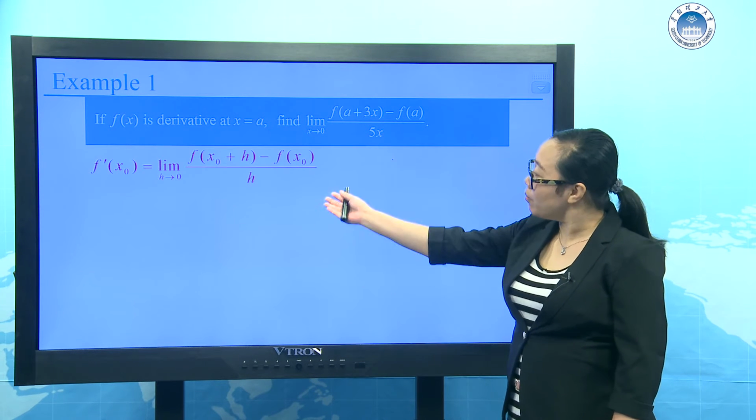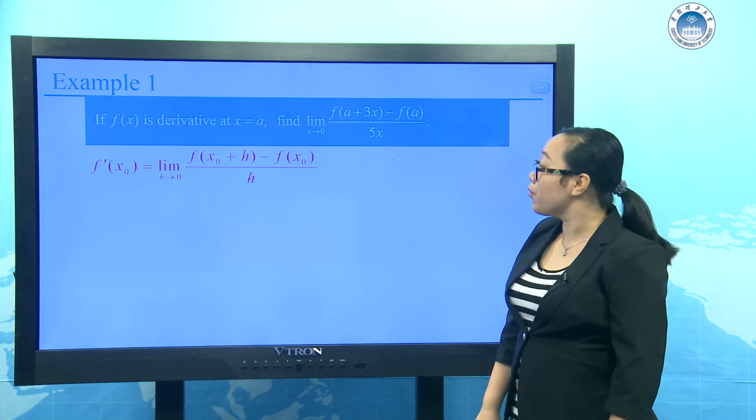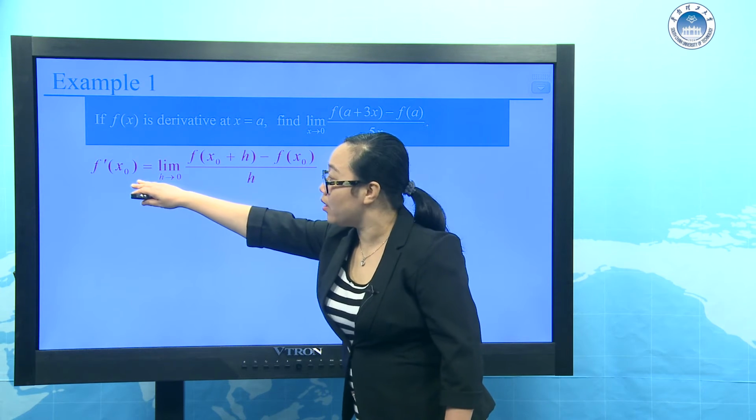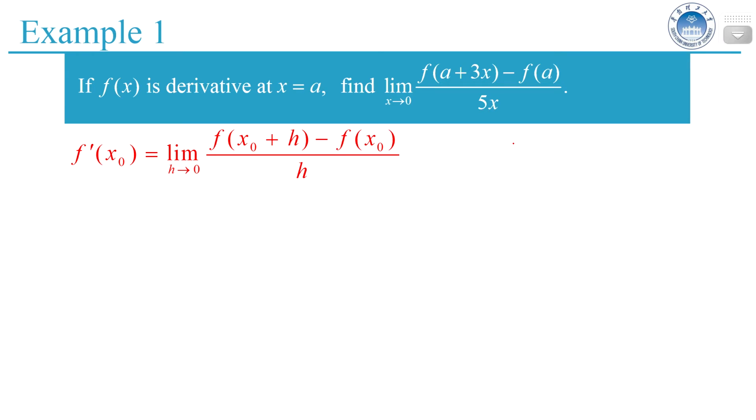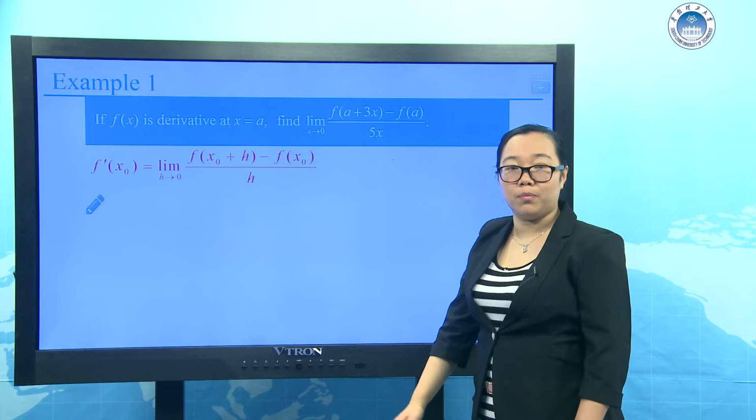Do you remember the definition? f prime at any given point x0, maybe equals a, maybe any given point, is the limit of f(a + h) minus f(a) over h as h tends to 0. Pay attention to, they are the same changeable variables.